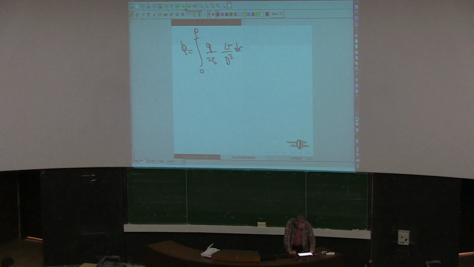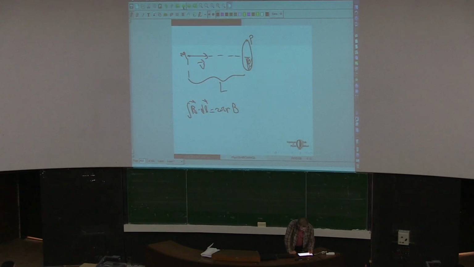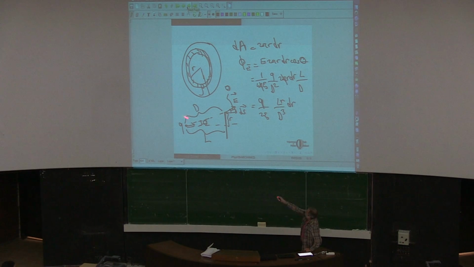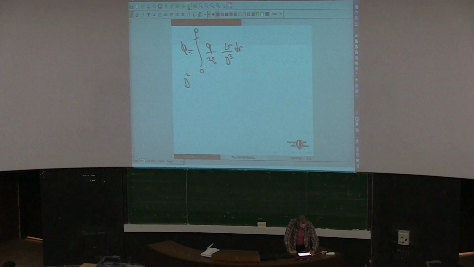Now, this is not a complicated integral. Remember, d squared is nothing but L squared plus R squared, or d is the square root of L squared plus R squared.